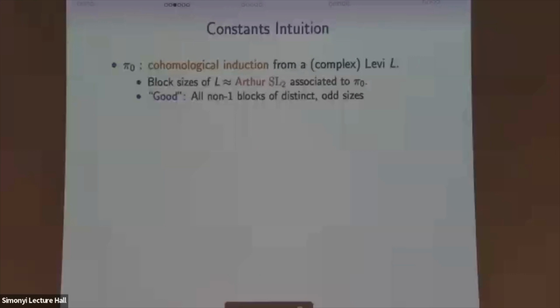So basically the Levi is a bunch of blocks, and the list of block sizes basically tells you the Arthur SL2 that's associated to pi 0. So the Arthur SL2 for the Arthur packet that the pi 0 lives inside. And you might complain, well, pi 0 can live in multiple different A-packets, but the point is there are multiple different ways to realize pi 0 as a cohomological induction, and those sort of line up with each other.